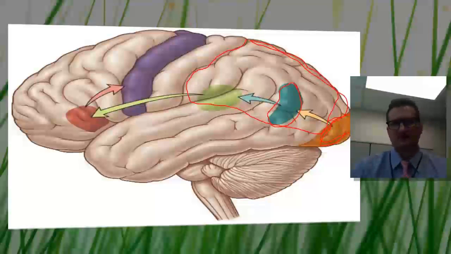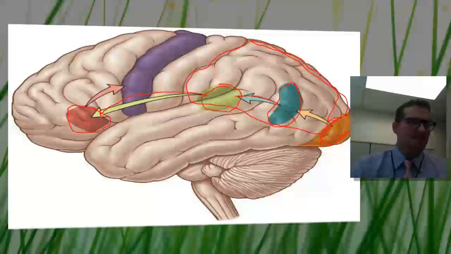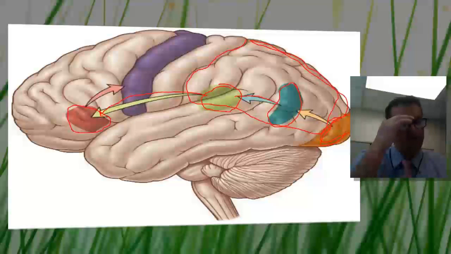In step 3, the impulse goes to Wernicke's area, which is here, where words are formulated into phrases that comply with learned grammatical rules. In step 4, we go over here to Broca's area, which plans the muscle movements required for the larynx, tongue, cheeks, and lips to form the words.